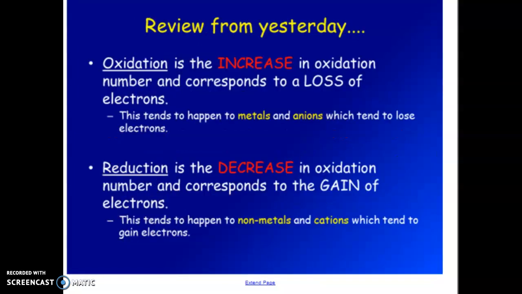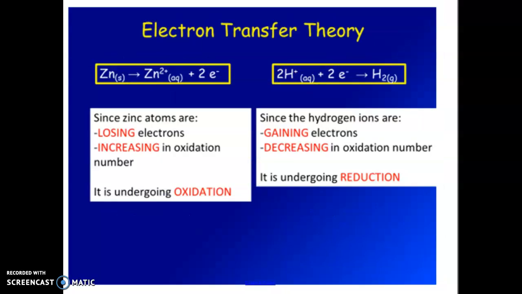Okay, so just a reminder, so oxidation is the increase in oxidation numbers, which means there is a loss of electrons. Reduction is the decrease in oxidation numbers, which means there is a gain in electrons. Okay, so here zinc is losing 2 electrons.